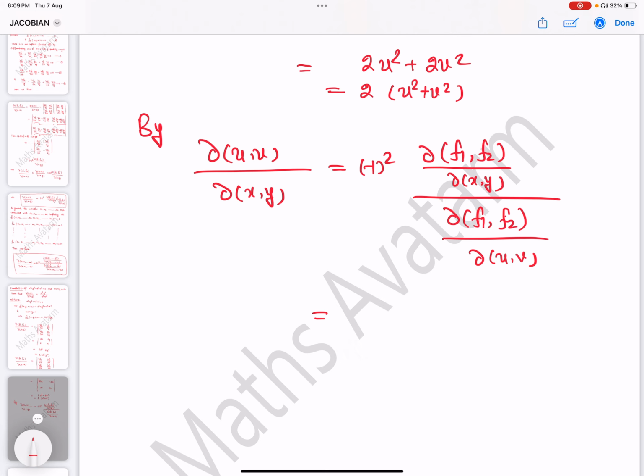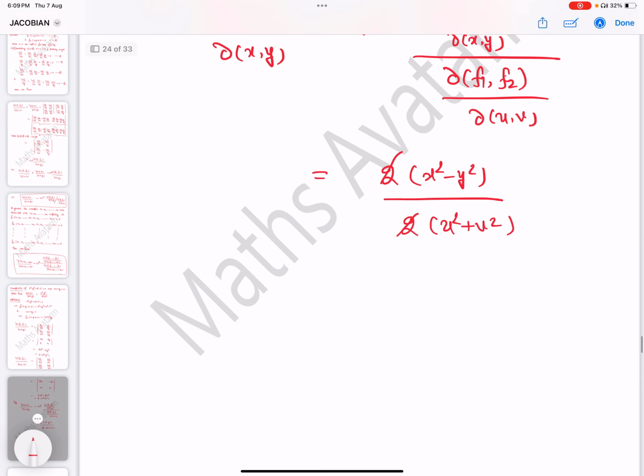So minus 1 whole square means 1. So what is this? This is x square minus y square. This is u square plus v square. So what we got?